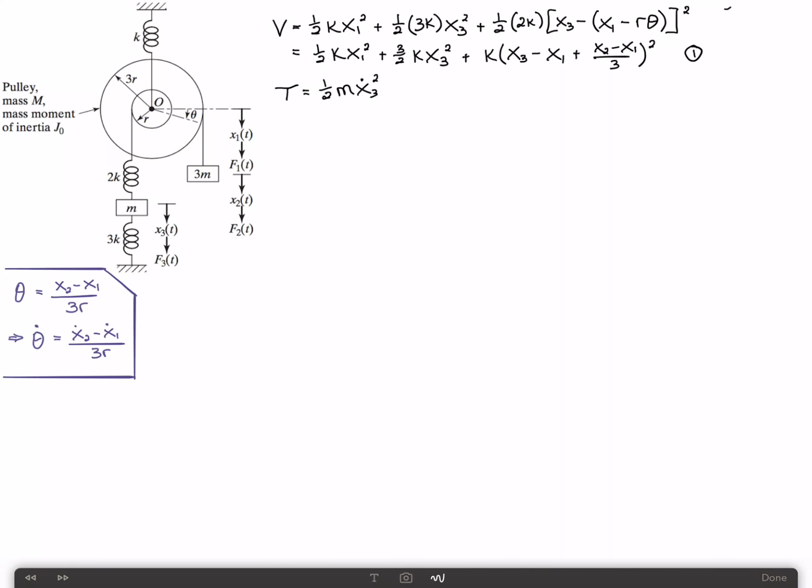It's plus 1/2 times big M, and the velocity of that pulley is x1 dot squared, plus the mass 3m. So it's 1/2 times the mass 3m. Let's just say 3/2 m.